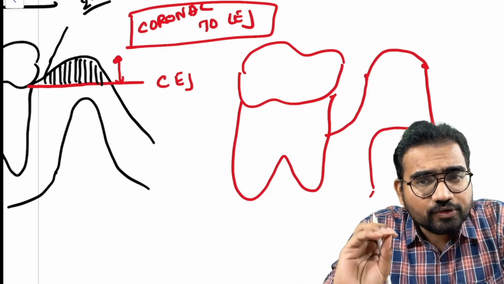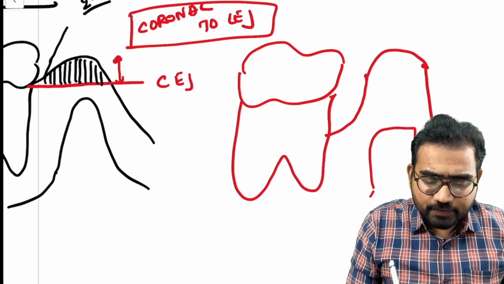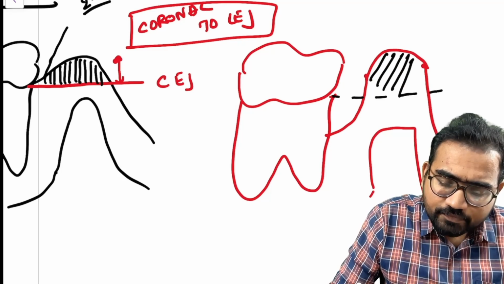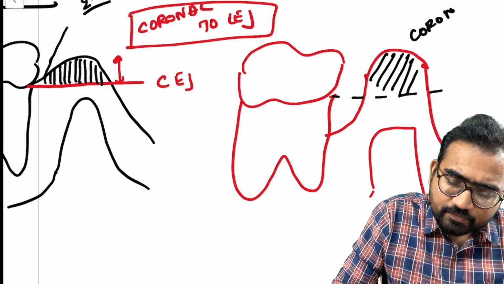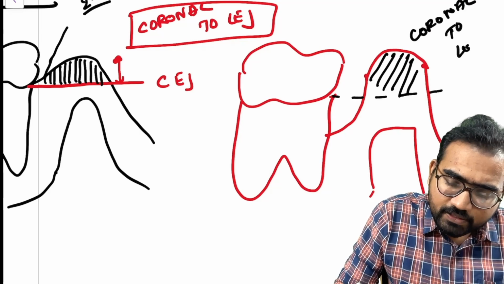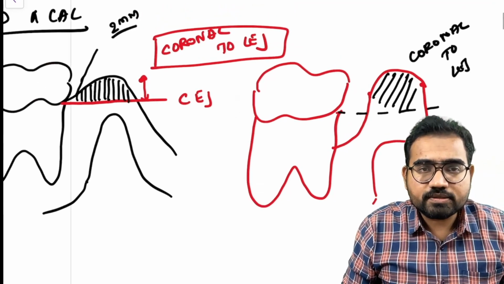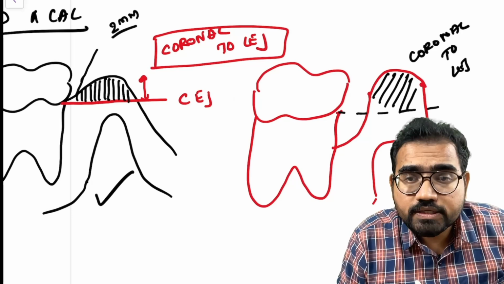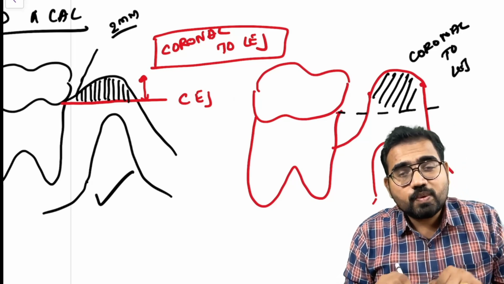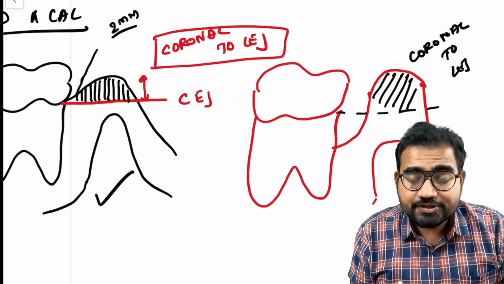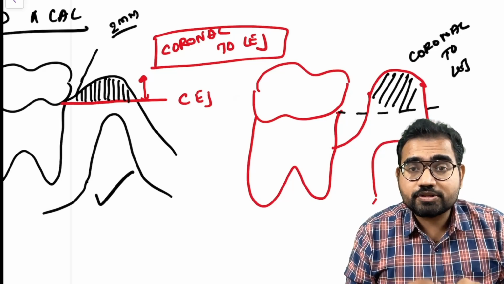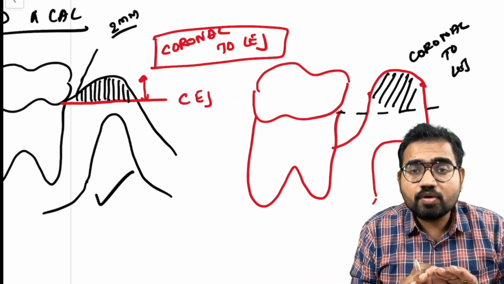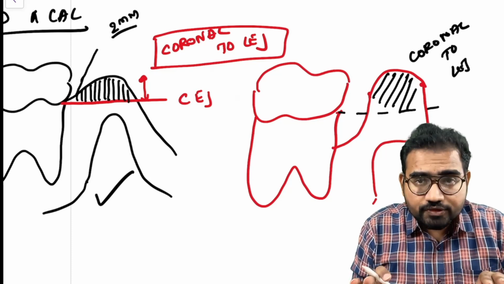How to calculate CAL in this patient? This patient also has the gingival margin coronal to CEJ, but the difference is that the first patient does not have any pocket, attachment loss or bone loss, whereas this patient has bone loss and attachment loss, but the gingival margin is coronal to CEJ. That means there is no interproximal soft tissue loss and recession.